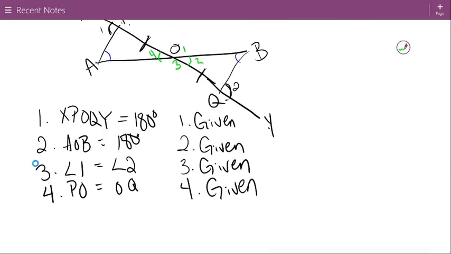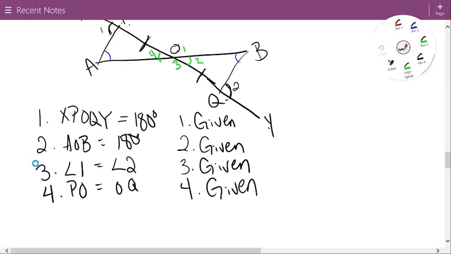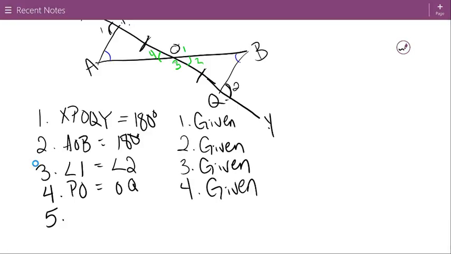Okay, so let's not be in green anymore. Step 5: the 1, 2, 3, 4 is not actually in this problem, so we need to actually name the angles.